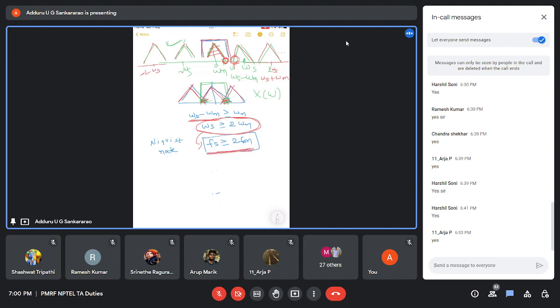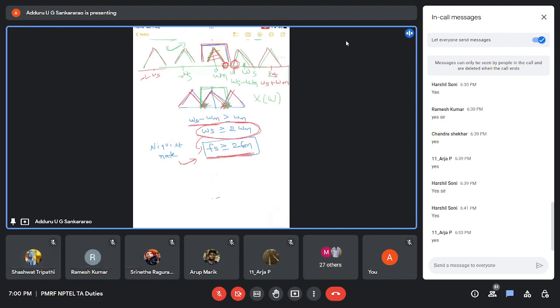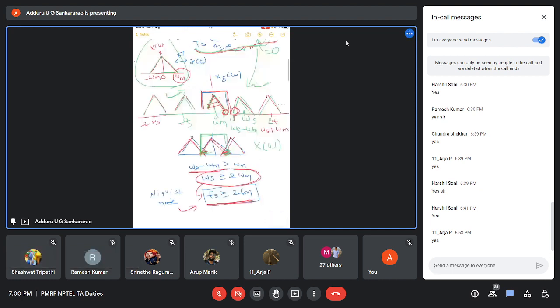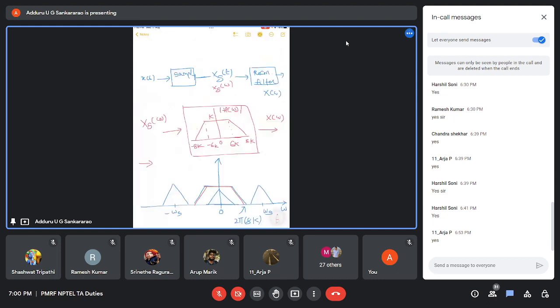Now, coming to this question, let us understand it. This is the signal, and this is the Fourier transform of the signal. Now the reconstruction filter is also given. We have to find the sampling frequency such that we can successfully reconstruct the signal.